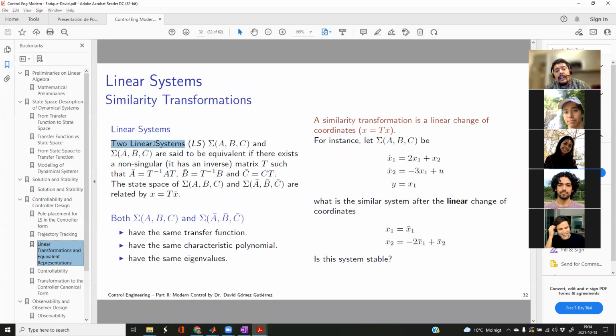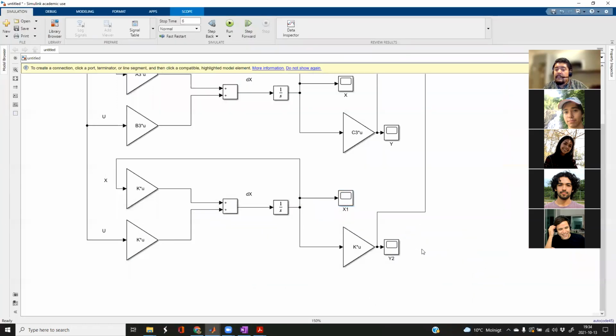So if we have two linear systems, A, B, and C, and A, B, and C, they're equivalent if there is a non-singular matrix that can make this transformation. So we will not go deeply into how to do this, but we will learn how to obtain this specific matrix T for any time we need to obtain the canonical representation, the canonical controller representation, okay?